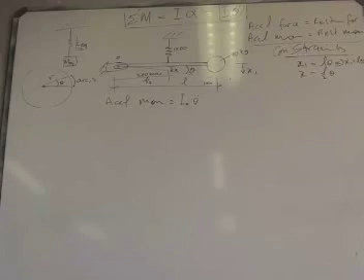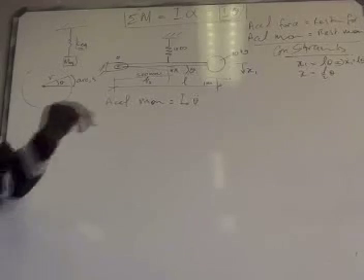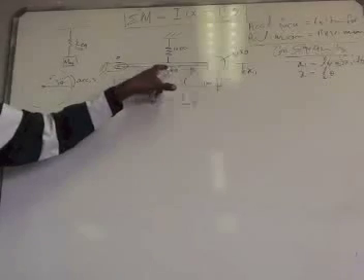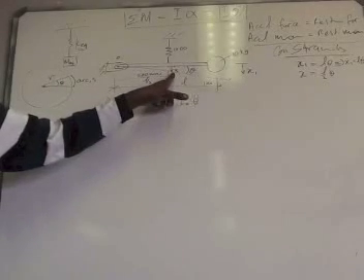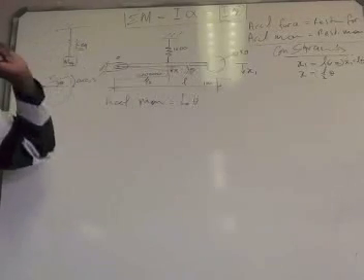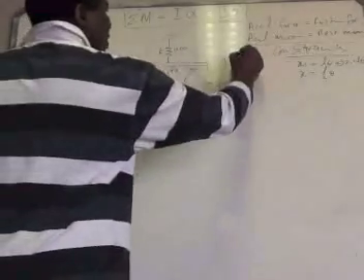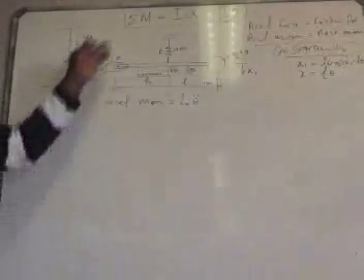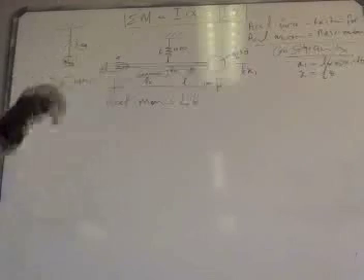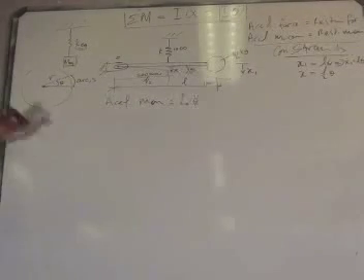Now we want our restoring moment. What is causing restoration? The spring which is positioned here at x. First of all, let's call this K, let's call this M. We first use the symbols. Always try to first use symbols.